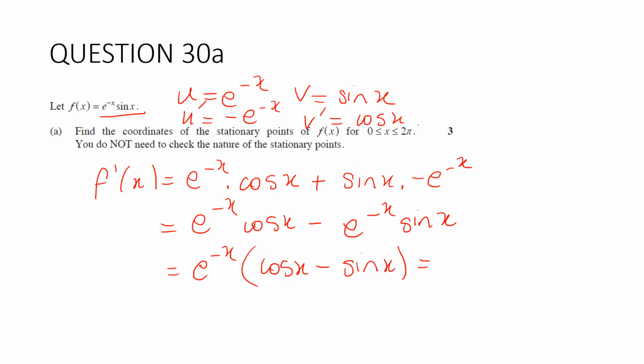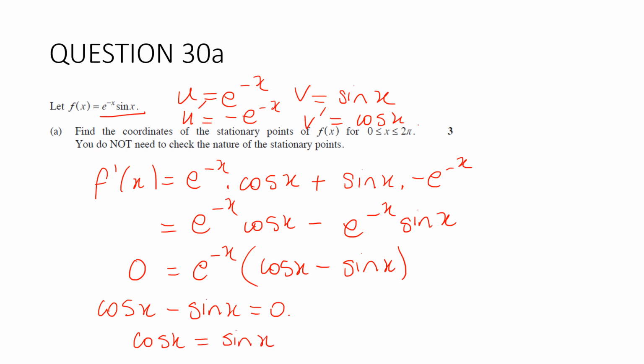All right, we want stationary points. So we want to know when this thing is equal to 0. Now e to the negative x is never equal to 0, so we're going to get stationary points when cos x minus sine x is equal to 0. In other words, when cos x is equal to sine x.